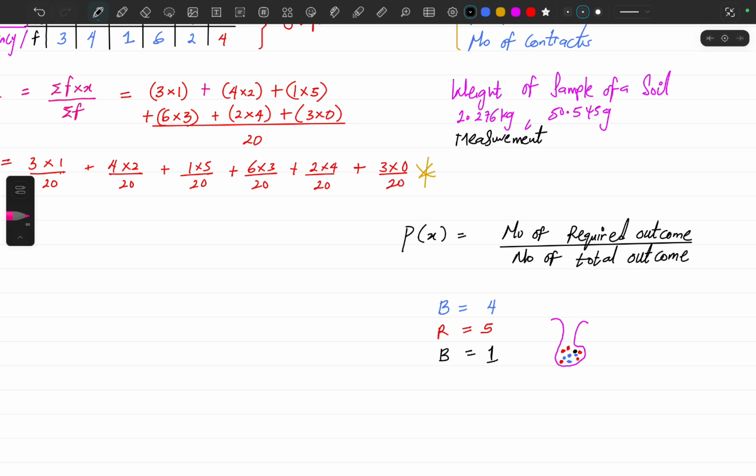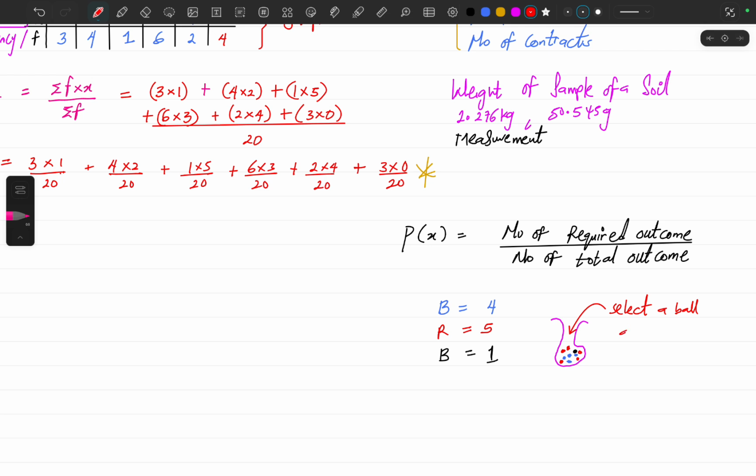Now from here, someone decides to dip his hand inside this sack to select a ball. After shaking up the balls, I dip my hand inside the sack to select a ball.